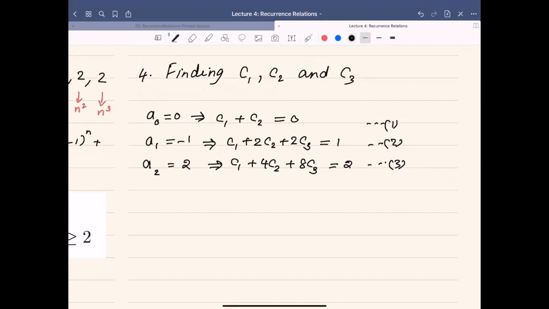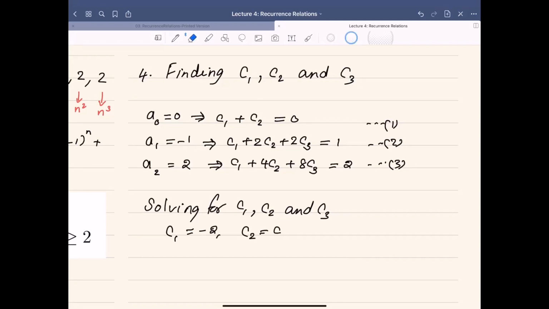Now solving for C1, C2, and C3, C1 is equal to minus 2, C2 is equal to 2, and C3 is equal to minus 1 over 2.